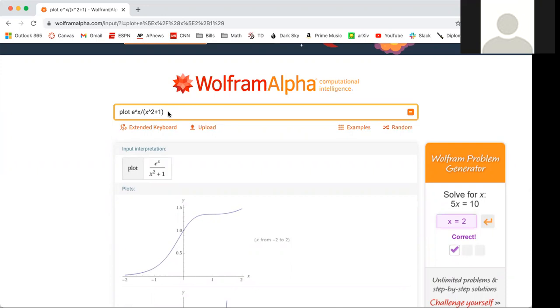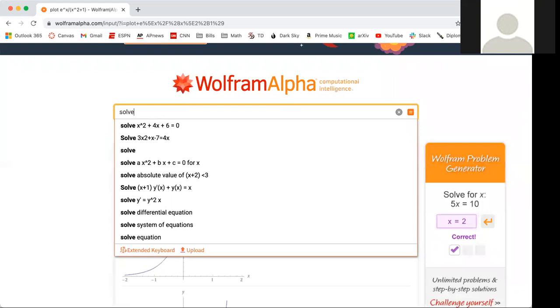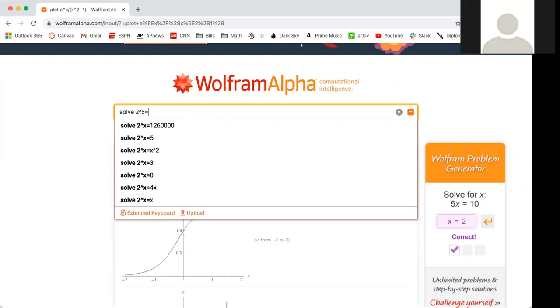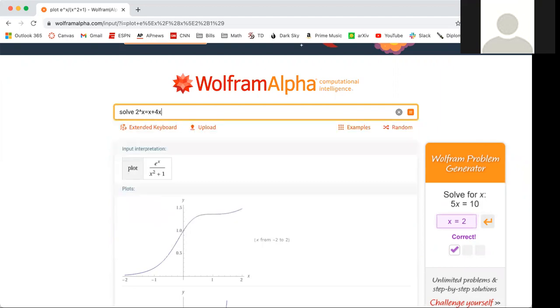So looking at other things that it can do, solving equations is something that it's good at. And this is especially useful if we have something like 2 to the x equals x plus 4x squared, which is an equation that there just isn't algebra to solve.